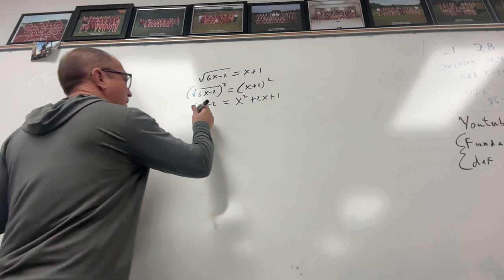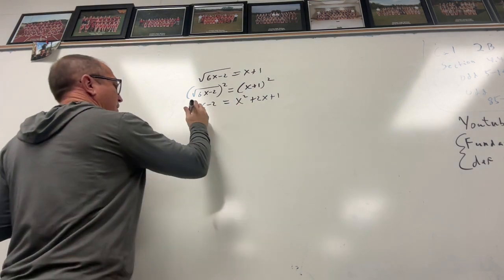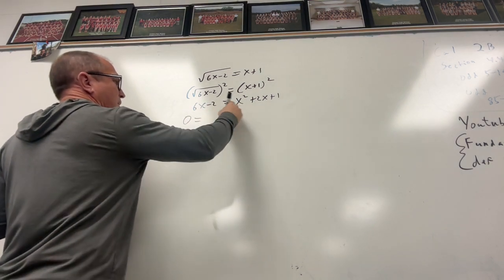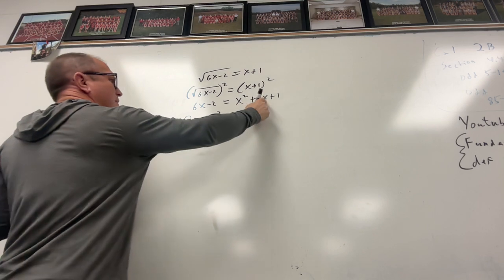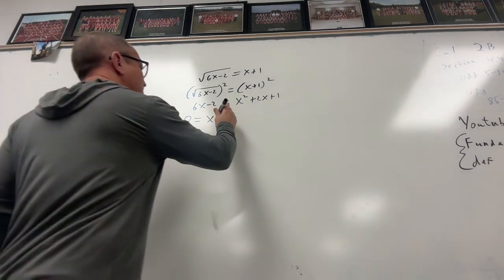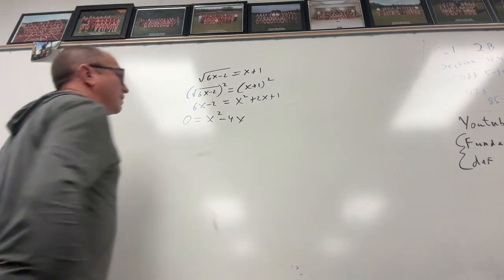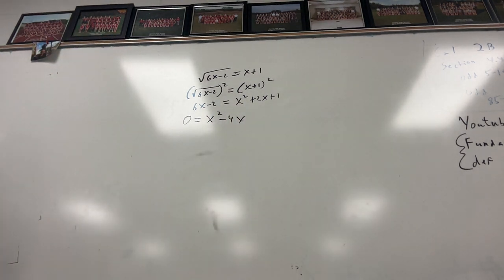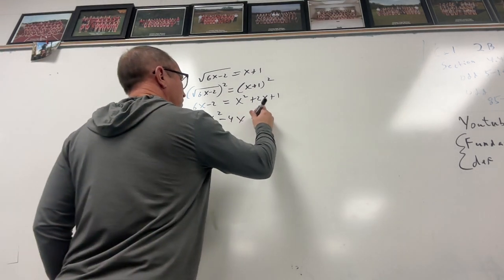Standard quadratic equation. Keeping the x squared term positive, I'm going to keep the x squared on the right. 2x, you take away 6x, you get what? Negative 4x. And then 1, and you take away negative 2, becomes 1 plus 2, which is 3. All right.